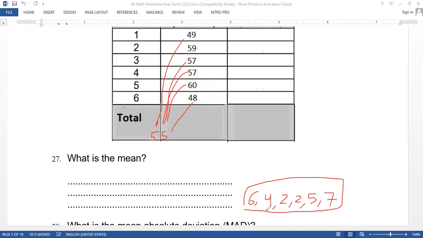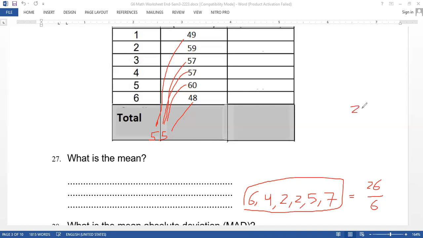So now I find the mean of the absolute deviations only. I add them and divide by 6. 6 plus 4, 10, plus 2, 12, plus 2, 14, plus 5, 19, 19 plus 7, 26.